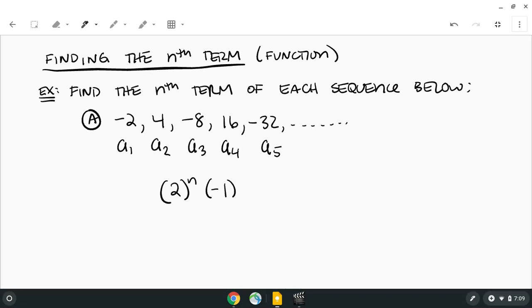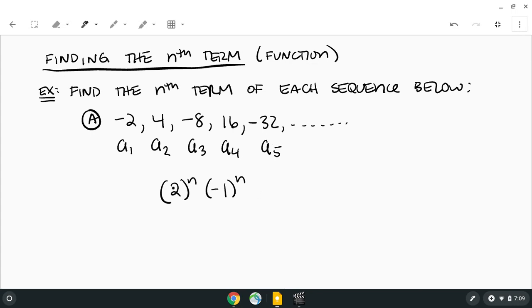But we need it to alternate signs, so we're probably going to have that -1. If I have -1 to the nth, when I plug in 1, do I get negative? Yes. When I plug in 2, do I get positive? Yes. When I plug in 3, do I get negative? Yes. When I plug in 4, do I get positive? Yes. And when I plug in 5, do I get negative? Yes.